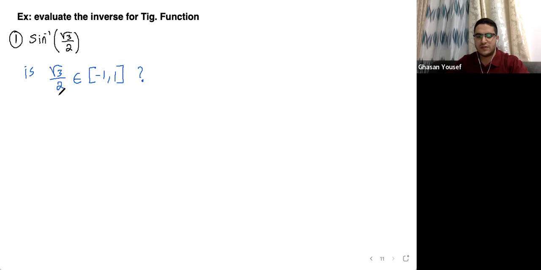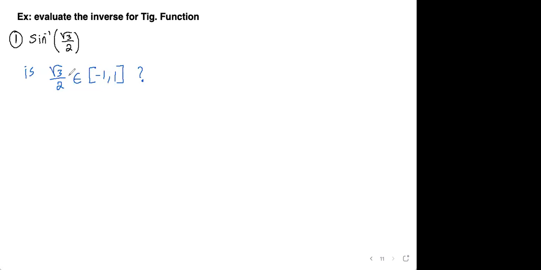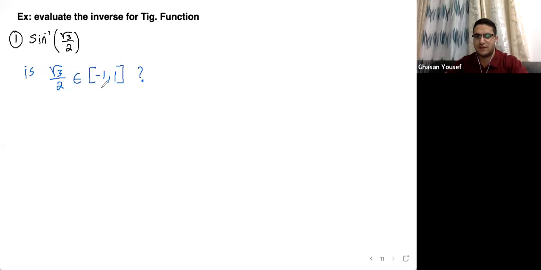Square root of 3 over 2 is a value close to 1/2. Does it belong to this interval?